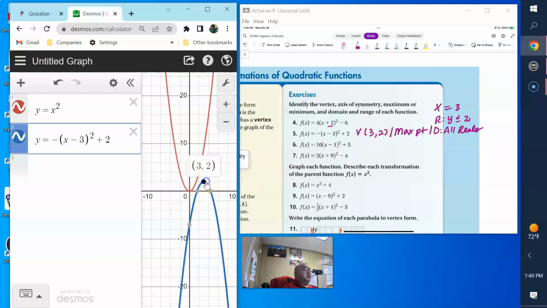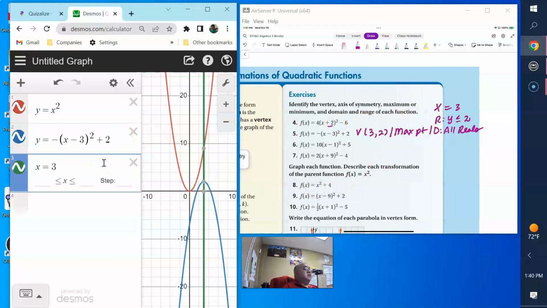That's our max point, because that's like a hill right there. x equals 3 is the axis of symmetry, and some of you have been asking what the axis of symmetry is. It's going to divide the parabola into 2 parts, and the vertex is also on the axis of symmetry. And since this is the highest point, the range is going to be y less than or equal to 2.